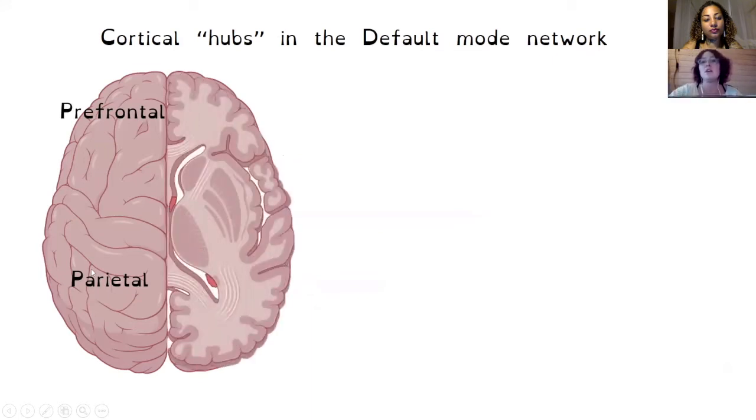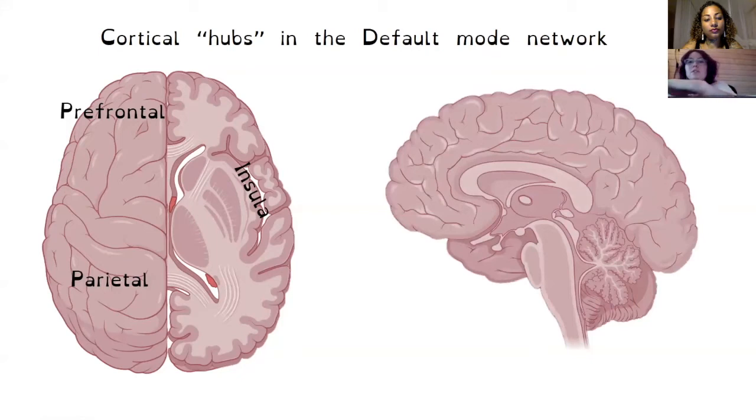There are cortical hubs related to disorders of consciousness in the prefrontal cortex, the frontal part of the brain, and also in the parietal cortex, which is here. There are other hubs here in the insula, a more hidden part of the cortex, but it's involved too. And here in the cingulate cortex.